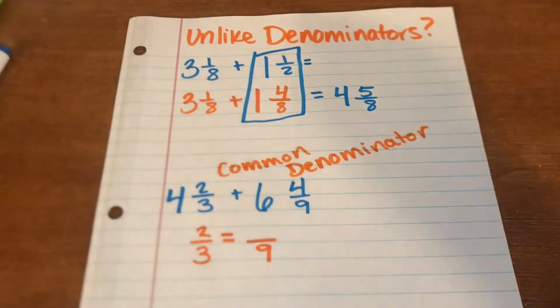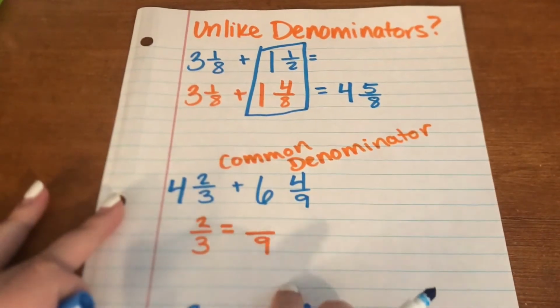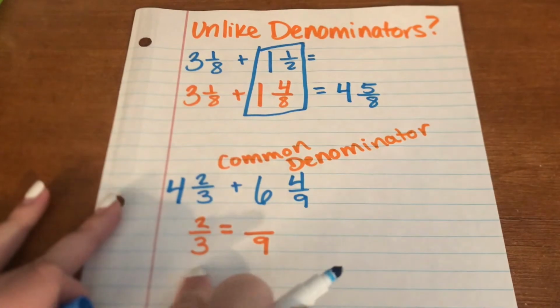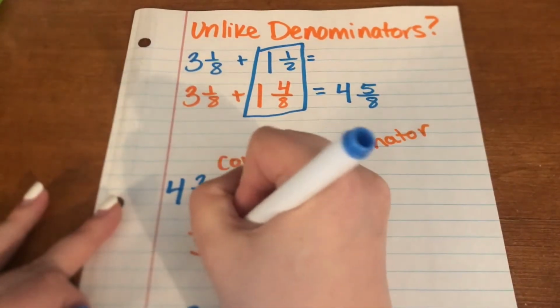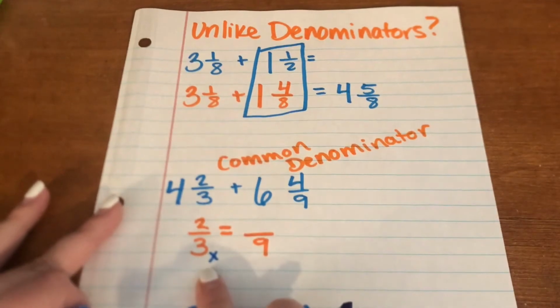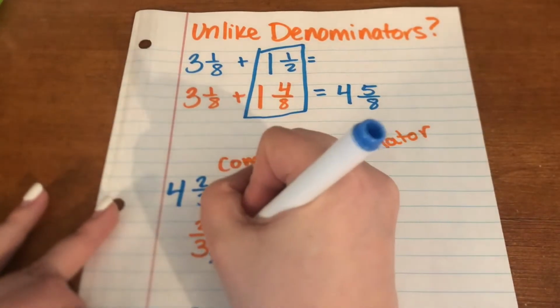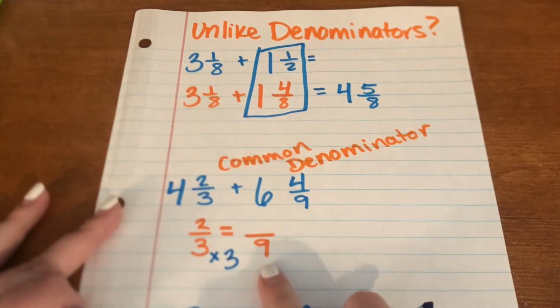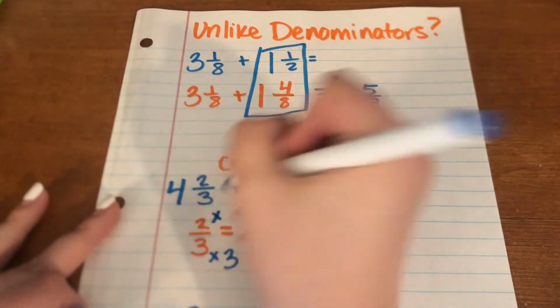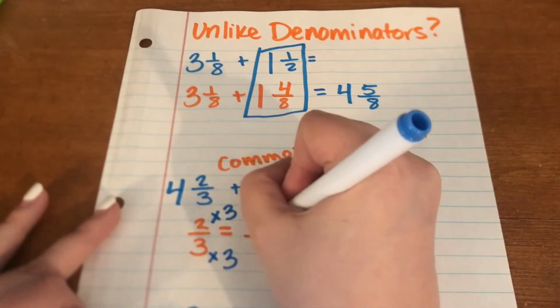So in order to find that, I know that I go from left to right, and it increased from 3 to 9. What multiplication fact would get me from 3 to 9? 3 times 3 equals 9. So now I find my equation up top. 2 times 3 equals 6.